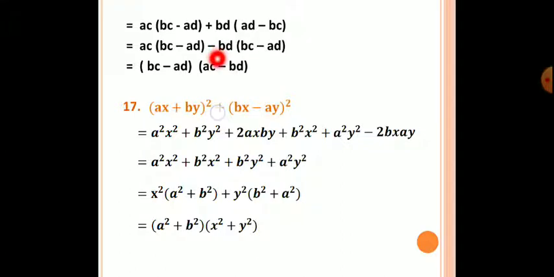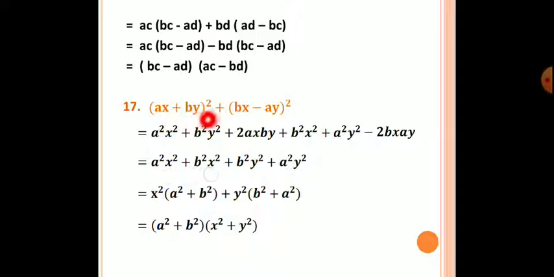If I'm writing minus bd, this bc is becoming plus inside the bracket, and this ad is becoming minus. So now both of these terms are equal. So one of the factors is bc minus ad, and another factor is ac minus bd.